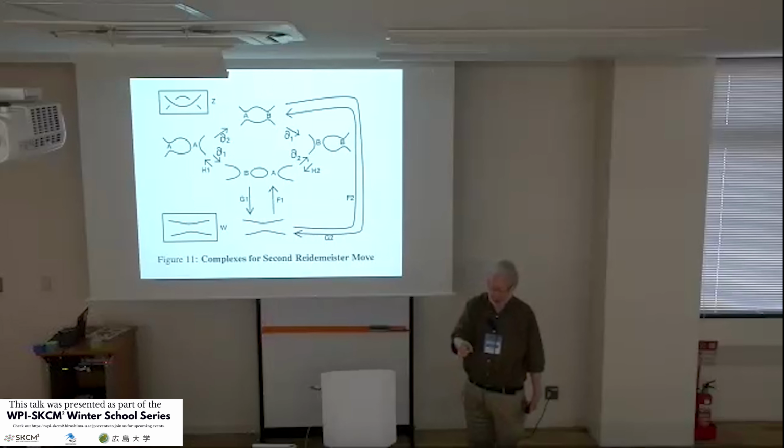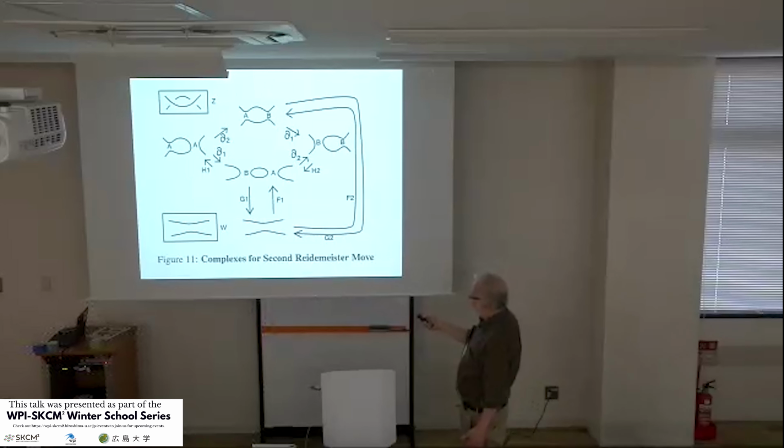Circle can go from nothing, and I put this in. So there's a little surface cobordism from nothing up to a circle. Good. And in this direction, I take this circle and I let it die, and it goes here. So I have G1 is circle dies, F1 circle is given birth to, and I have these two mappings.